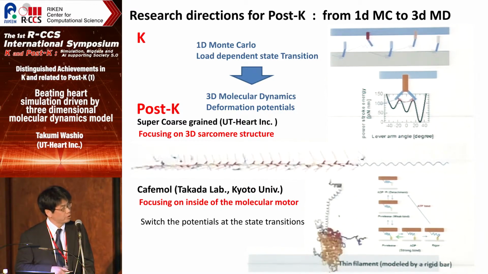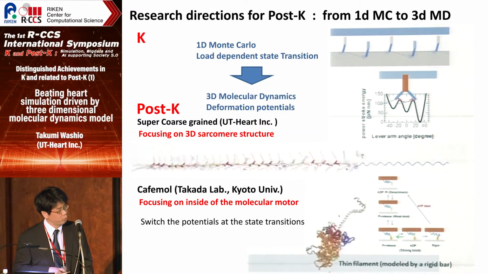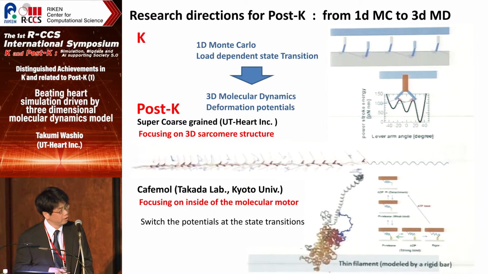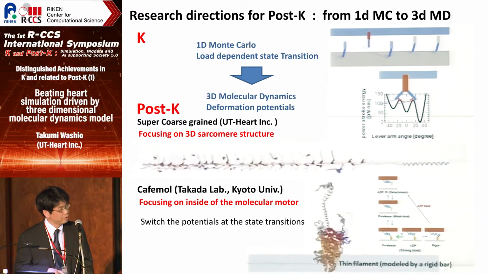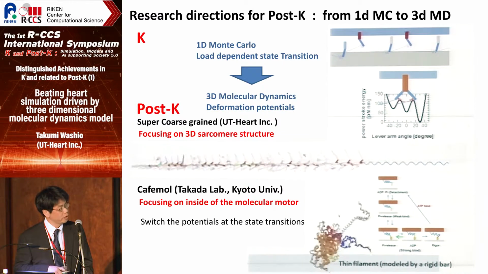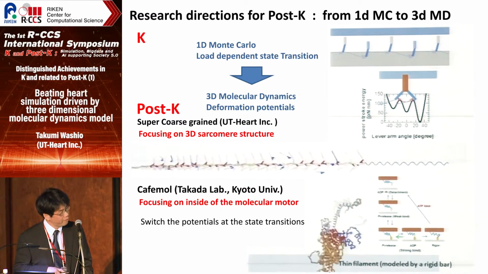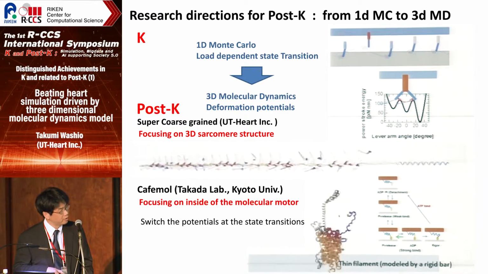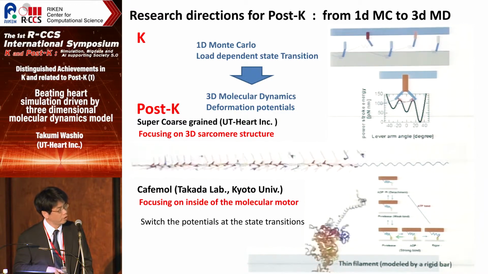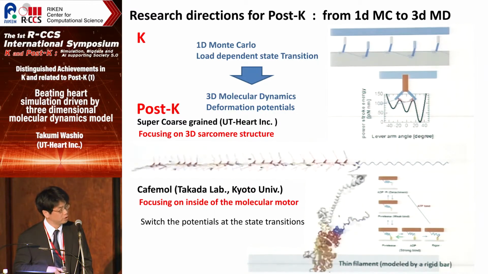In this approach, currently, we apply a switching potential strategy between several states. And for this switching, we use CAFEMO. We evaluate the switching probability by observing the deformation of the nucleotide binding site inside the head regions in this approach.